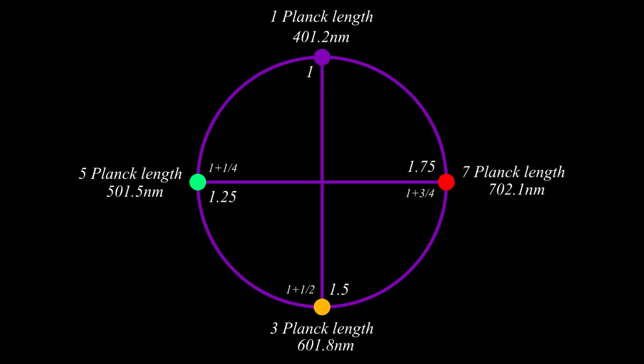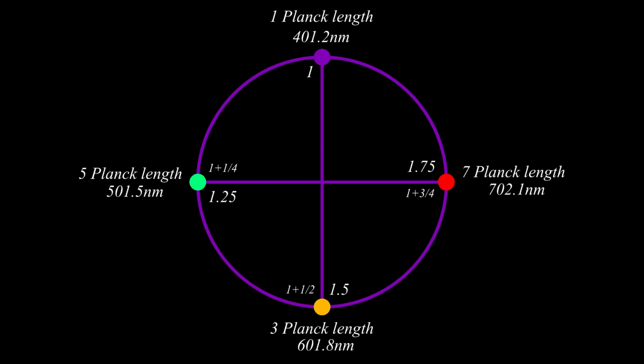It can be further explained as Planck length sections. So the Planck length divided by 4 would be 1 plus a quarter for the ratio of 1.25, or 1 3/4, the ratio of 1.75. And so these 4 sections are the fundamental additions of the Planck length, the fundamental modalities extracted by adding Planck lengths together.